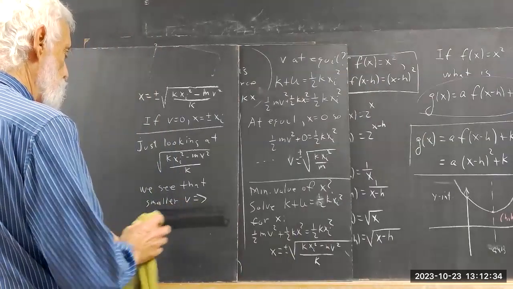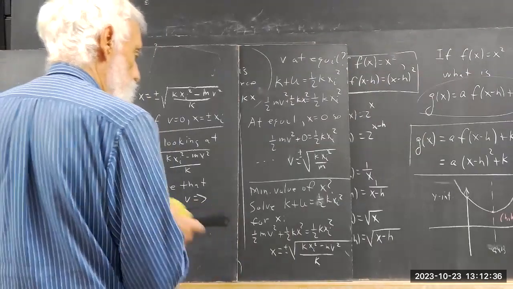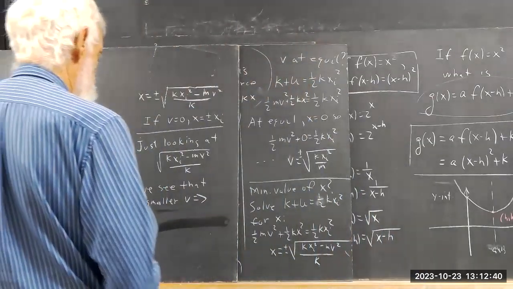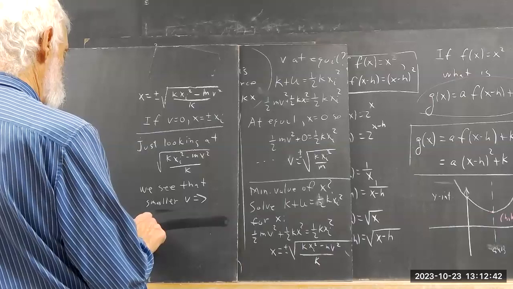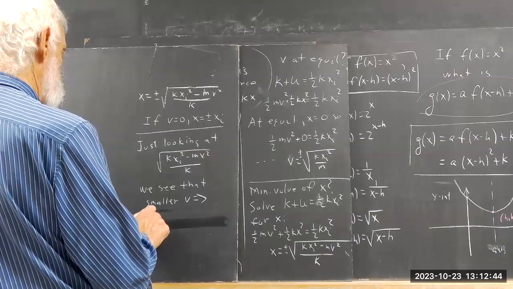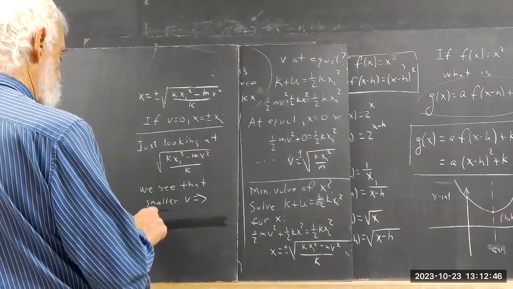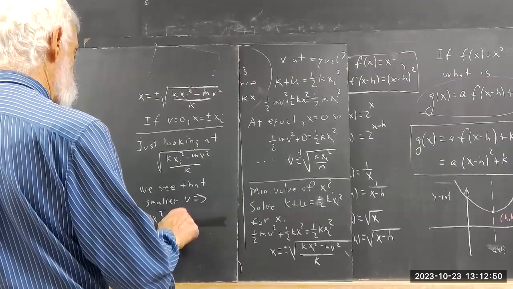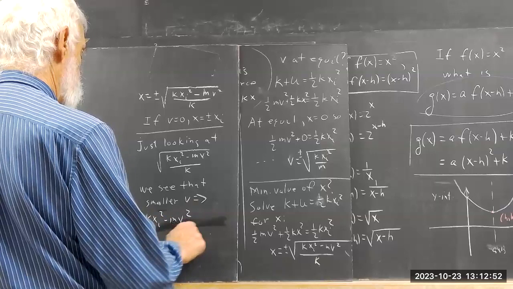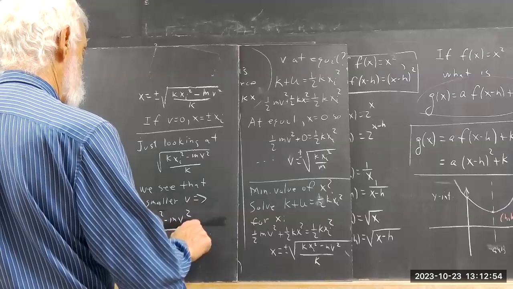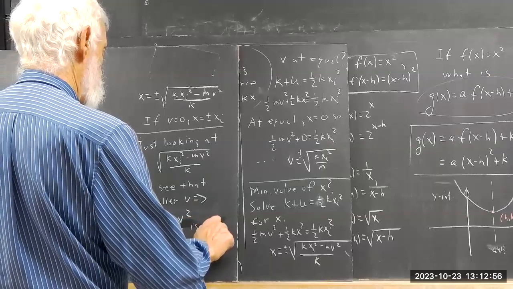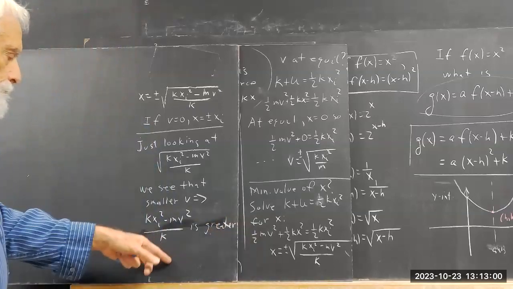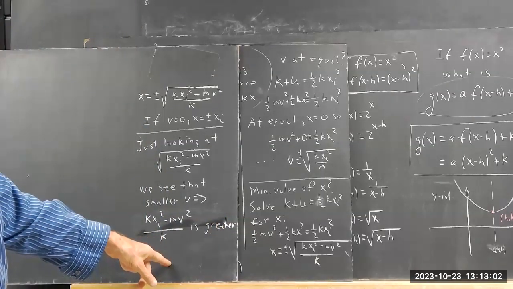But the smaller v is makes this greater, right?